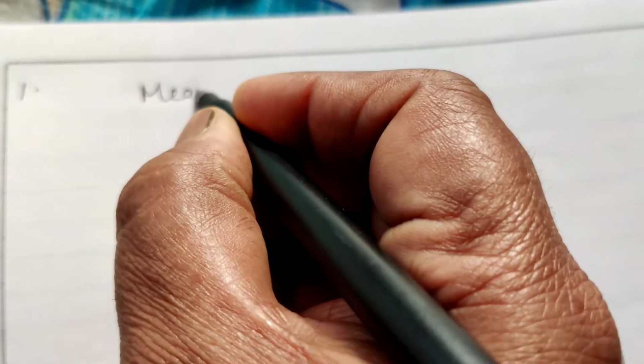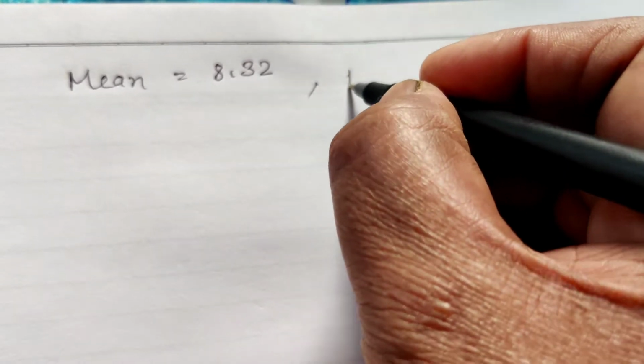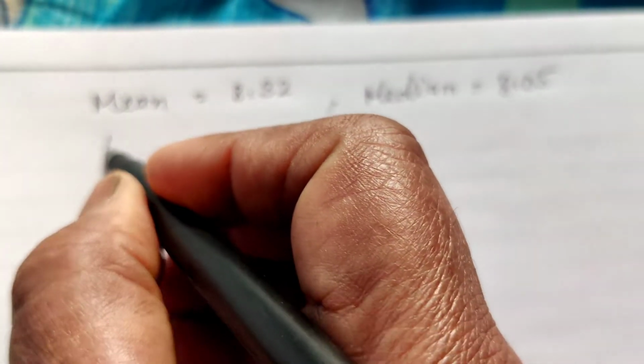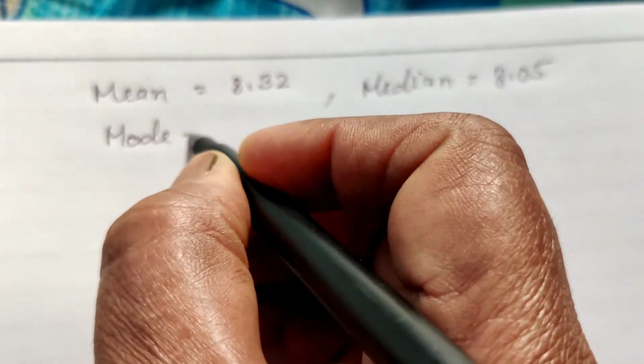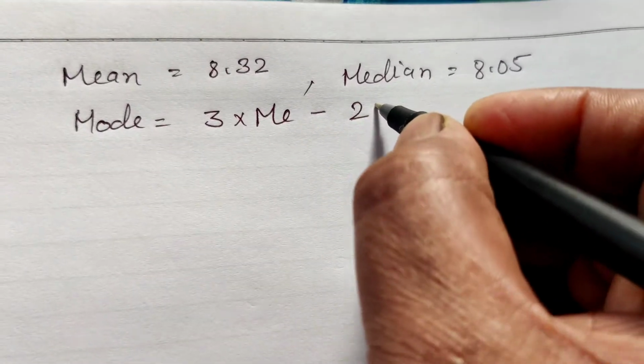It is given that mean equal to 8.32 and median equal to 8.05. The empirical formula of mode equal to 3 into median minus 2 into mean.